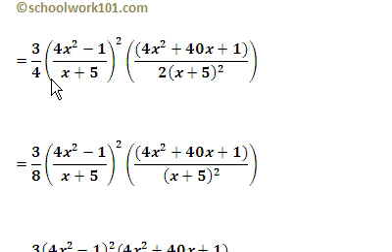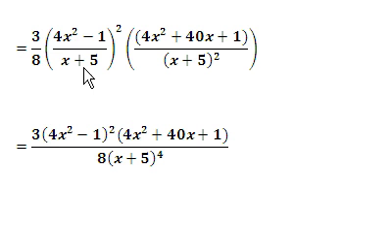Okay, I took this 2, I brought it out here to the front. That's the reason this 2 times 4 becomes 8. So we're getting closer. We have an 8 and we have an x plus 5, and because this whole thing here is squared, this is like saying 4x squared minus 1 quantity squared, and then x plus 5 quantity squared.